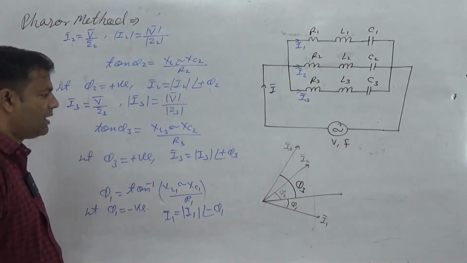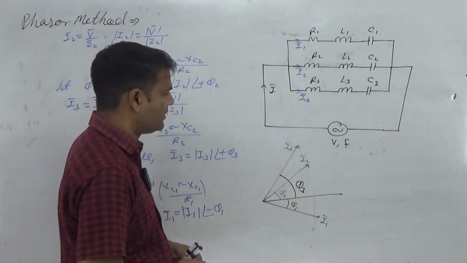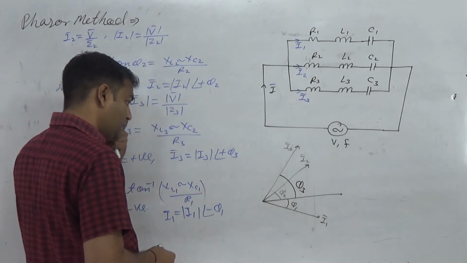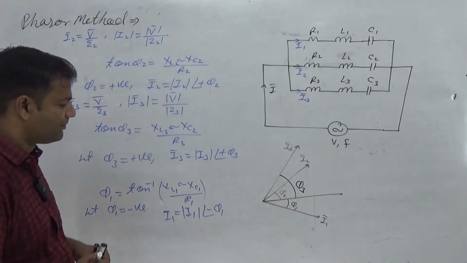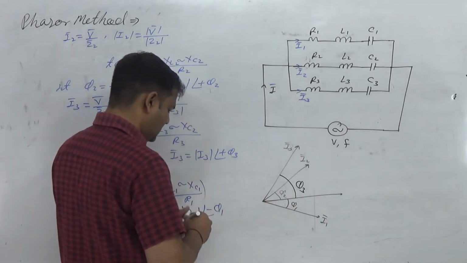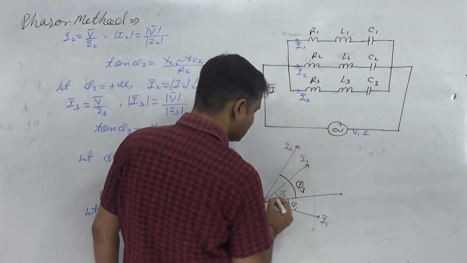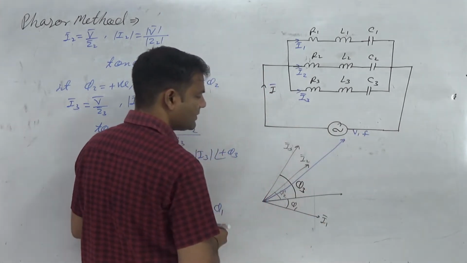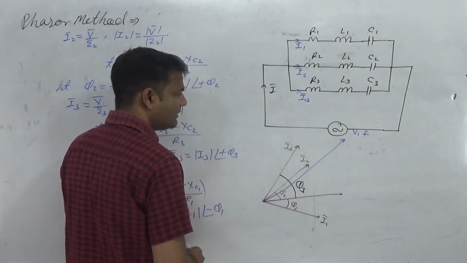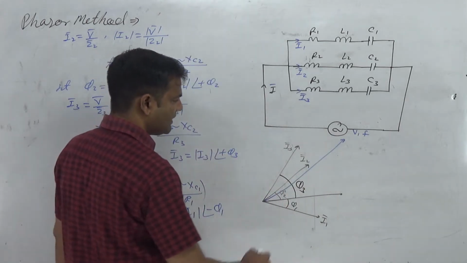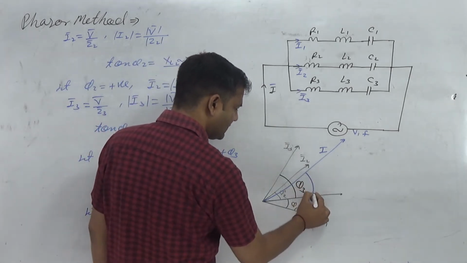Our motto is to determine the resultant of all of these, the combination of I1, I2 and I3. Suppose that the whole resultant is made like this. The combination of all three is capital I, and the angle is phi.